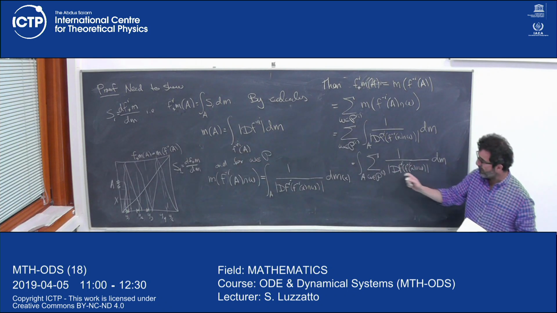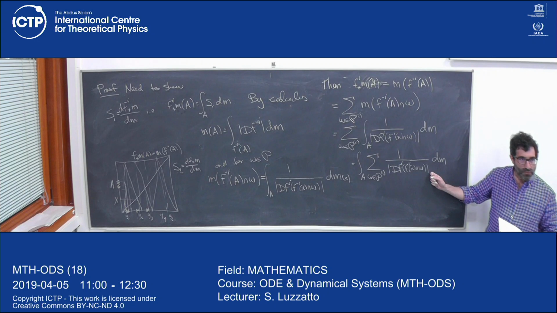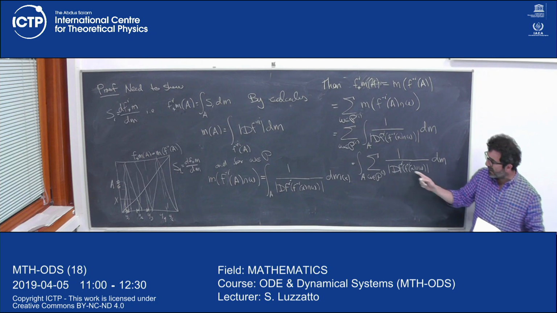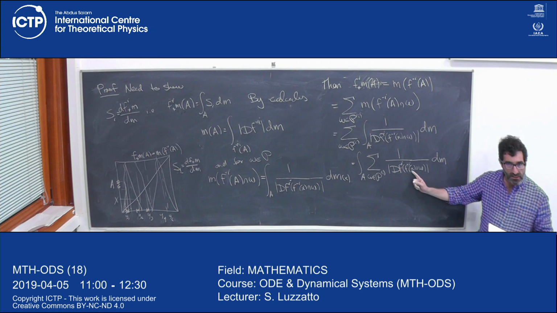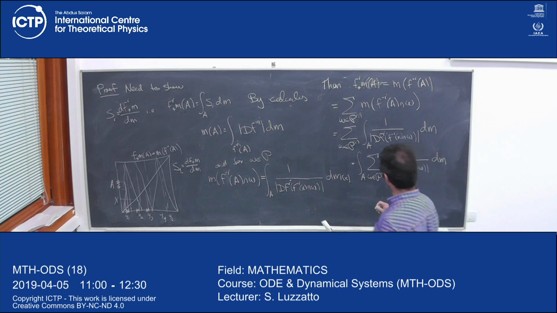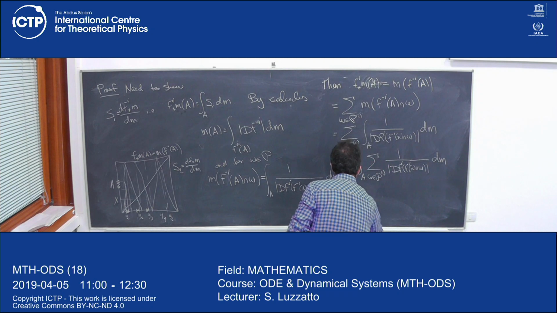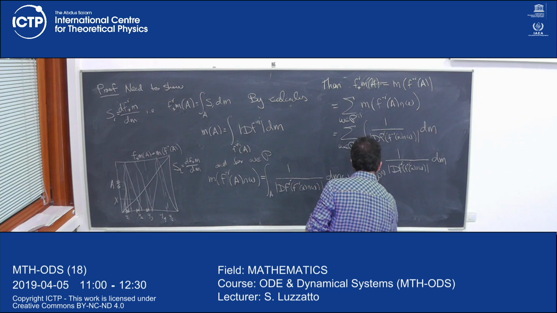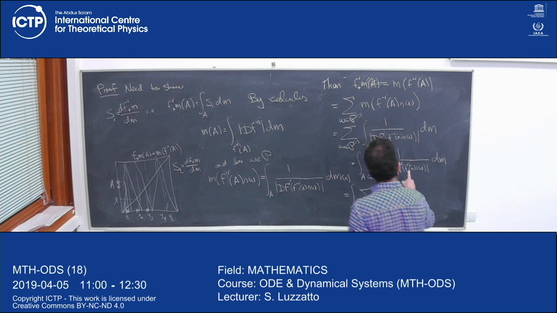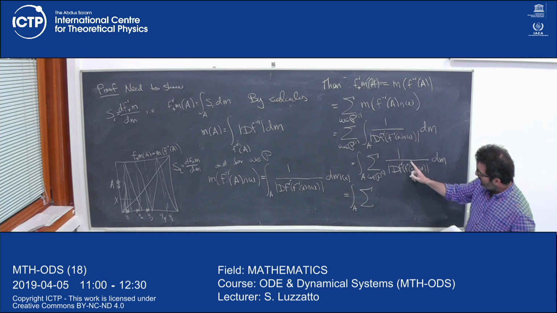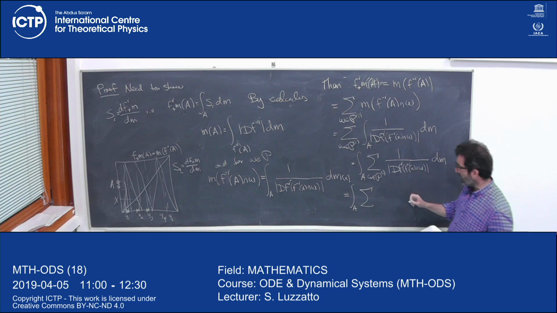And what is this? This density function. Yes, because what is this exactly? This is just the derivative in f minus I of x. So we can write this as equal to the integral over A of the sum over all pre-images of x. These f minus I of x are exactly the pre-images of x.